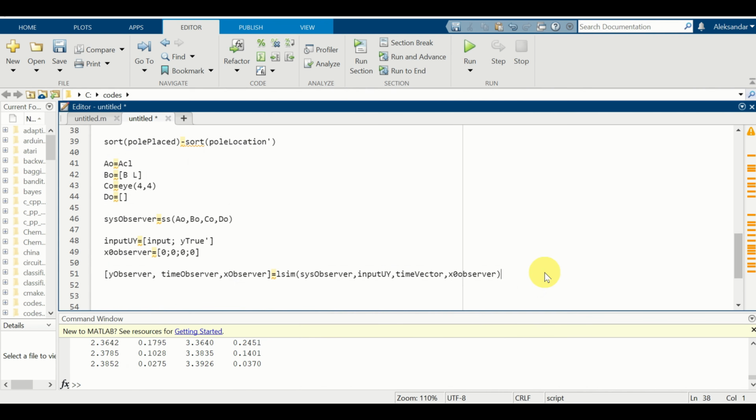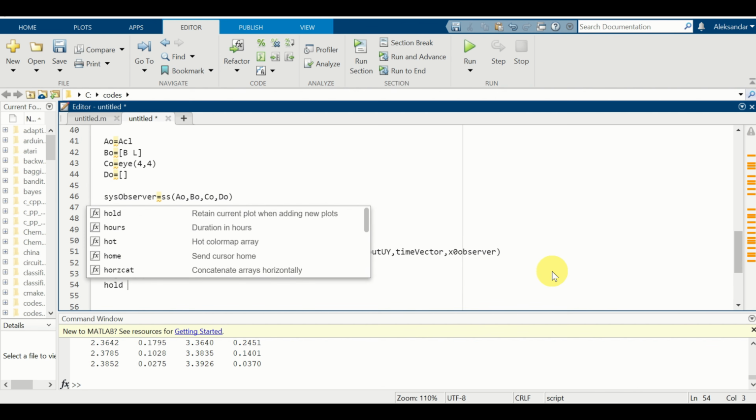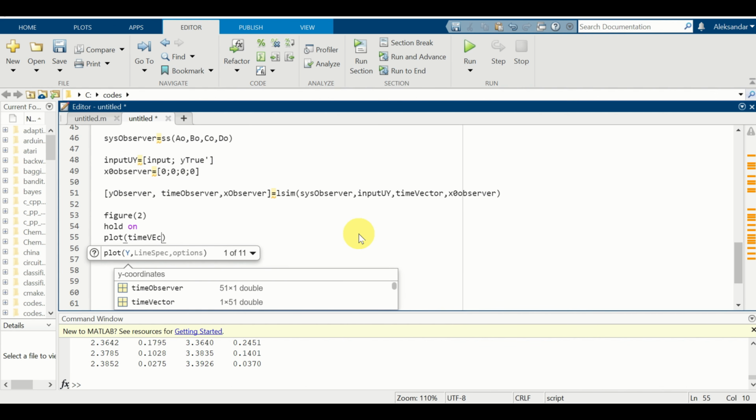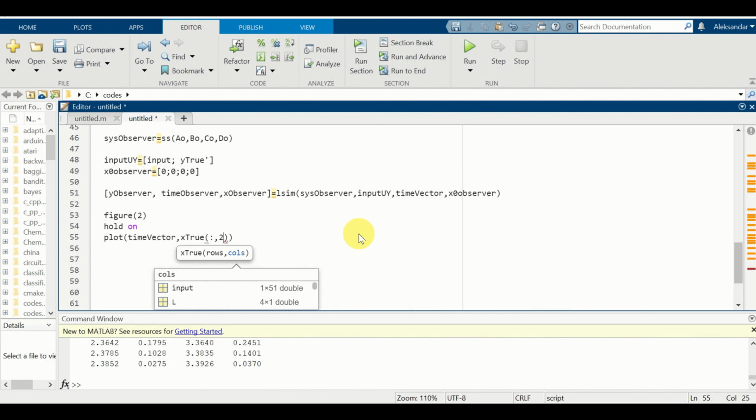Okay, now let's compare the state of the observer with the state of our true system. Consequently, let's open a new figure. Let's do hold on. And over here, let's plot. First of all, let's plot the time on the x-axis and x true. And let's select, for example, the second state. And let's select the color to be, for example, red.